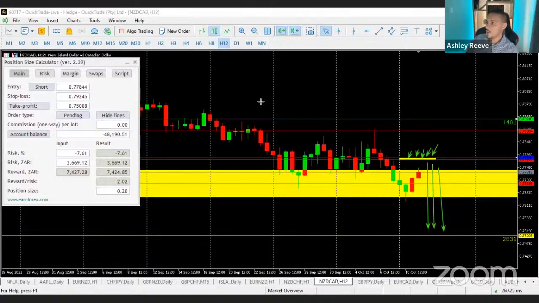The second option here, obviously, is if you leave price to retrace, come back down again, beneath this 50 mark here. You see that? Yes, second option. And then you short it right there. Because now price has not only rejected there, but it's now also come back again.